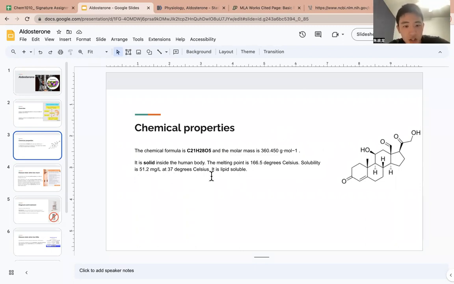It is solid inside the human body. The melting point is about 166.5 degrees Celsius. Solubility is 51.2 milligrams per liter at 37 degrees Celsius, room temperature. It is lipid soluble.